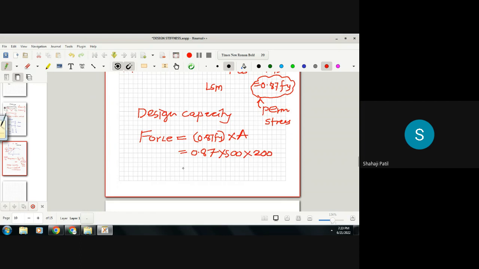0.87 into 500 into 200. I want the answer in kilonewton. What is the unit of 500? Newton per mm square, and area in mm square.